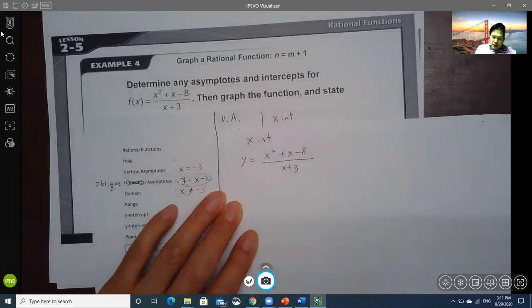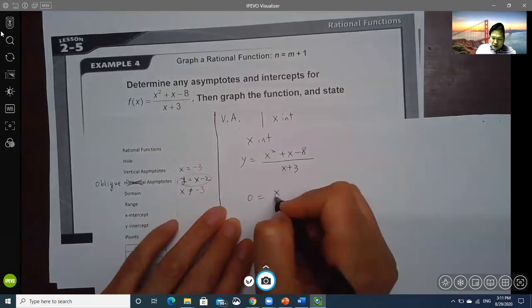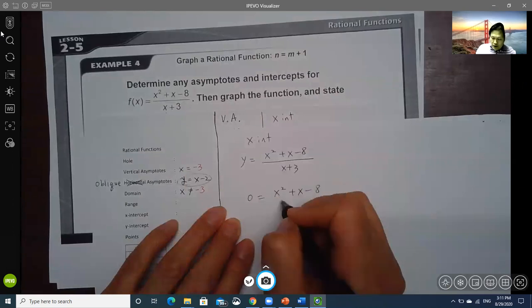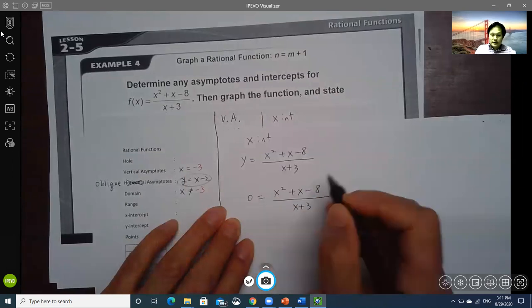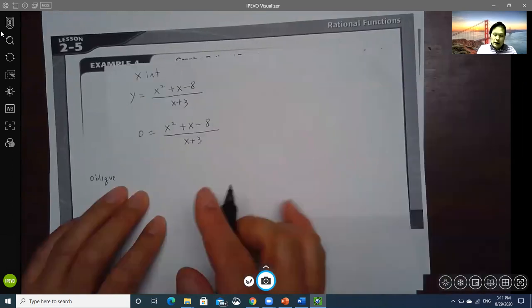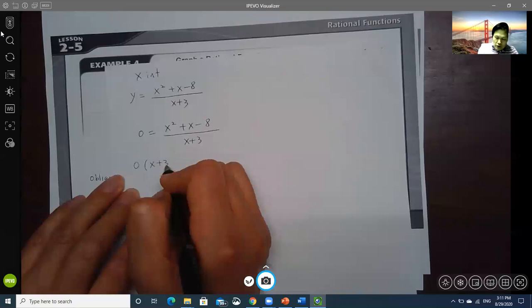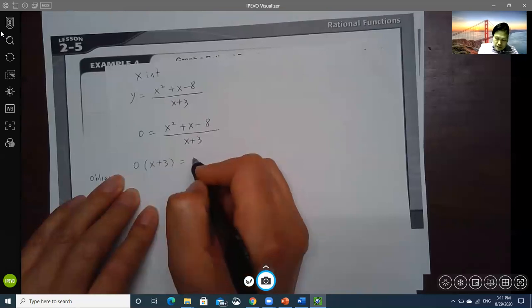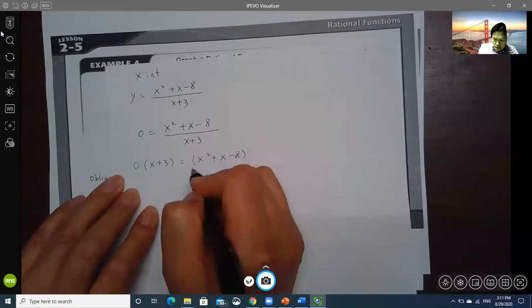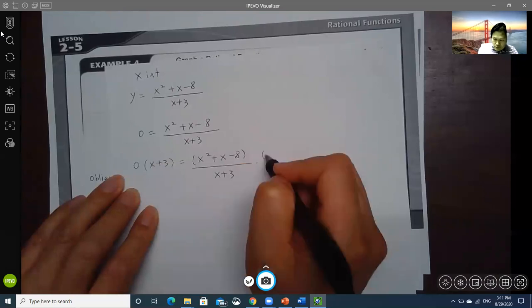Plug in y equal to 0: x squared plus x minus 8 all over x plus 3. Solving for x, what do you do? Get rid of x on the denominator, so multiply both sides by the denominator.